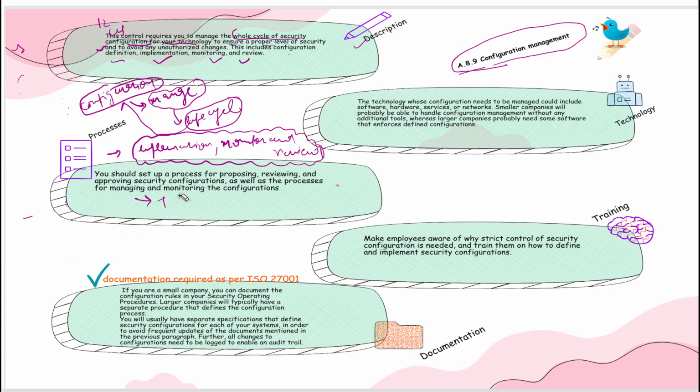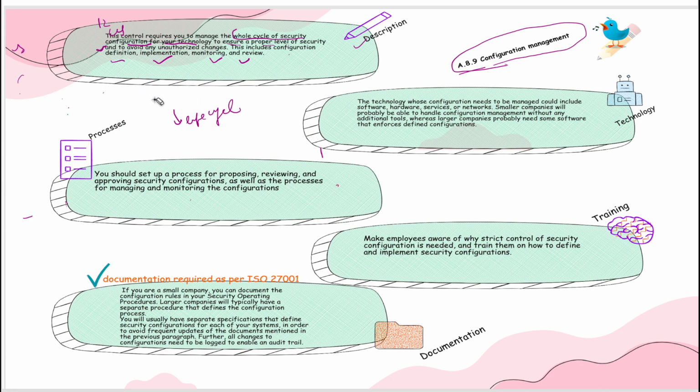Now coming to the technological aspect of this control. The technology whose configuration needs to be managed could include software, hardware, services, and or network.